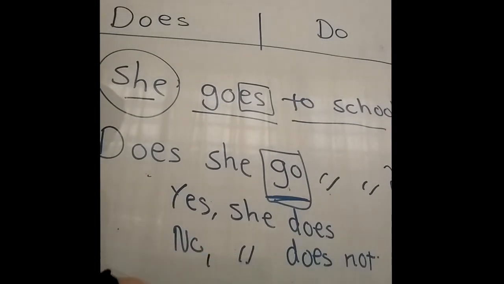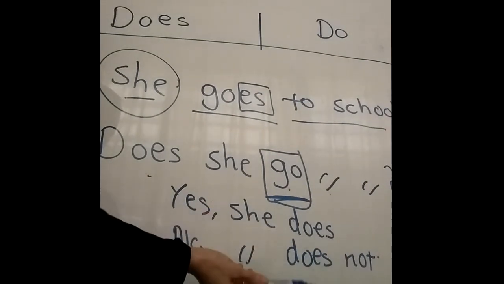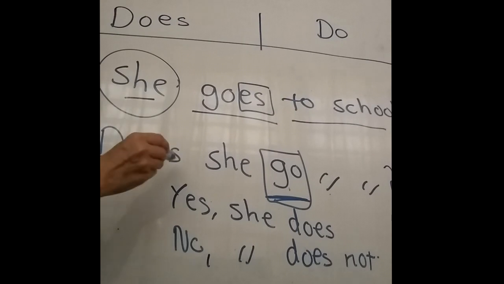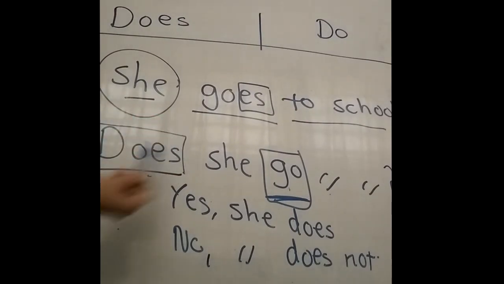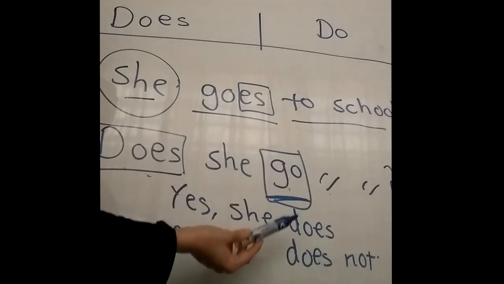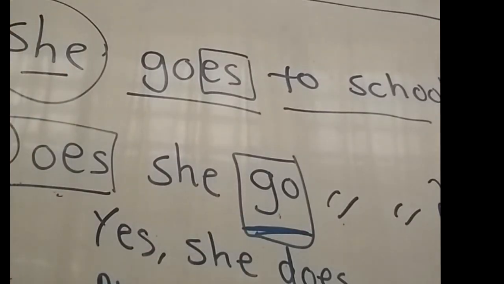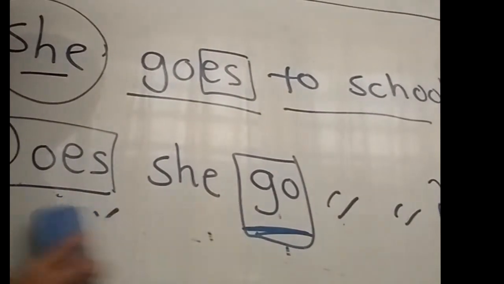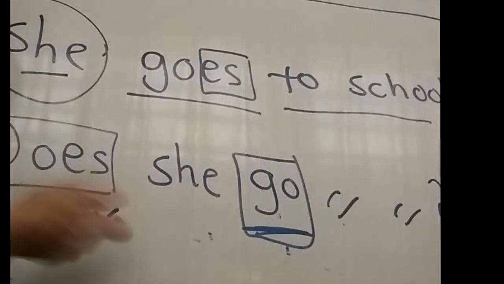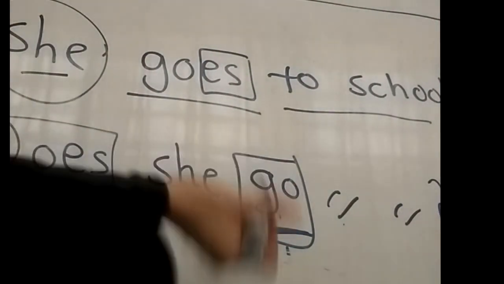Now, why do we have does here and not goes? Because the question starts with does. So if the question starts with does, then you need to have does in the answer. We can't say yes, she goes. This is wrong. If someone asks you, does she go to school?